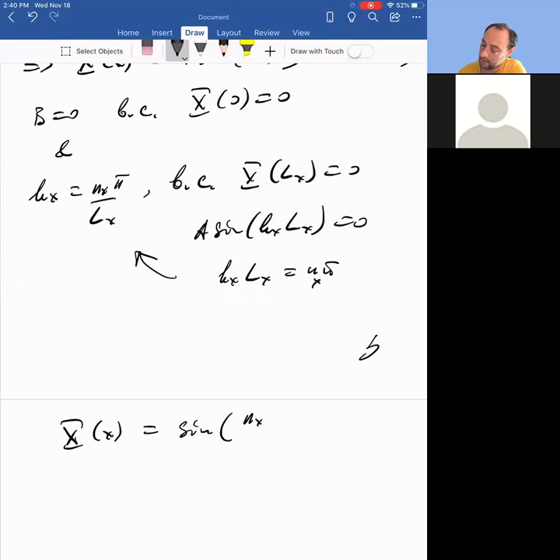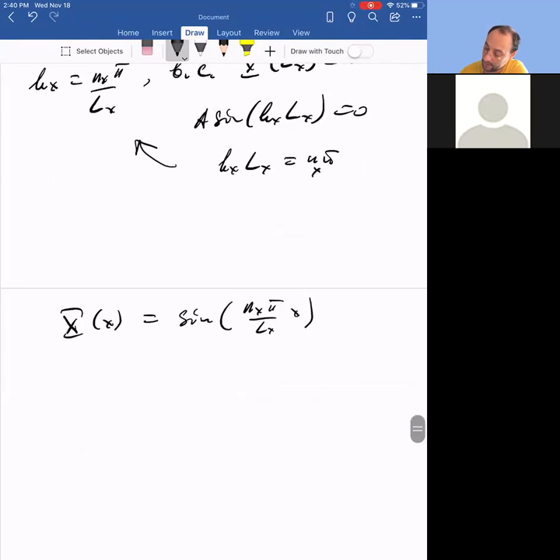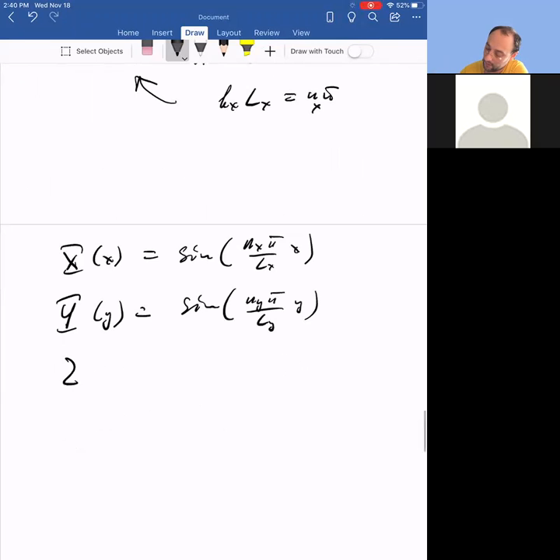I'm going to call this index nx. So you get your general solution, and a similar thing for the y part, and a similar thing for the z part.